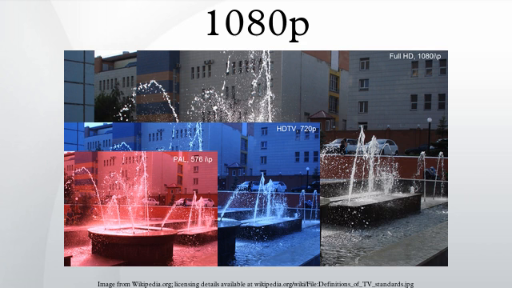1080p is a set of HDTV high-definition video modes characterized by 1080 horizontal lines of vertical resolution and progressive scan, as opposed to interlaced, as is the case with the 1080i display standard. The term usually assumes a widescreen aspect ratio of 16:9, implying a resolution of 1920x1080, often marketed as Full HD.